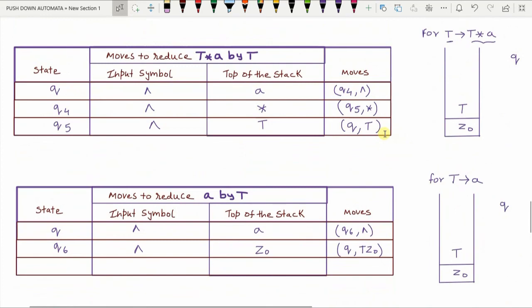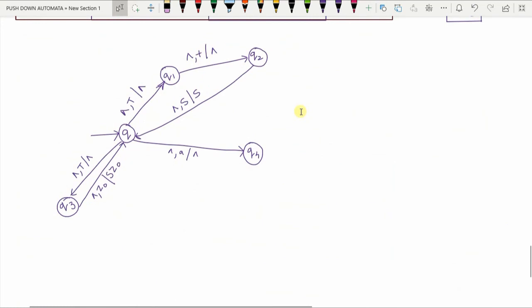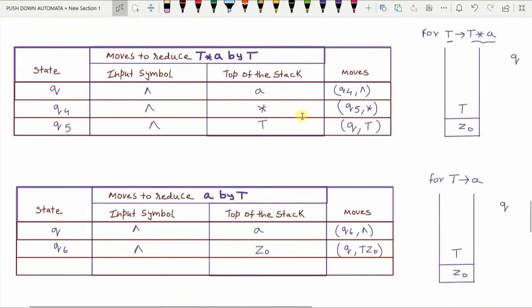Yes, you have gone to Q4 state. Then from Q4 state you go to Q5 state by reading null, top of the stack is asterisk, and asterisk remains on top of the stack. No change of position. Q5.